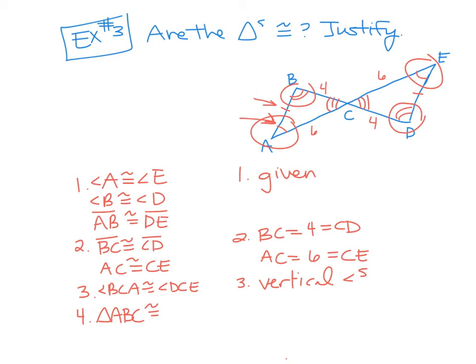So if it went A, B, C, 1 to 2 to 3 arcs, you have to go 1 to 2 to 3 arcs. So E, D, C. And the reason we know that is the definition of congruent triangles. We said in order to know two figures are congruent, we need to know their segments and their angles match up, okay? So this is what your proofs today are gonna look like.